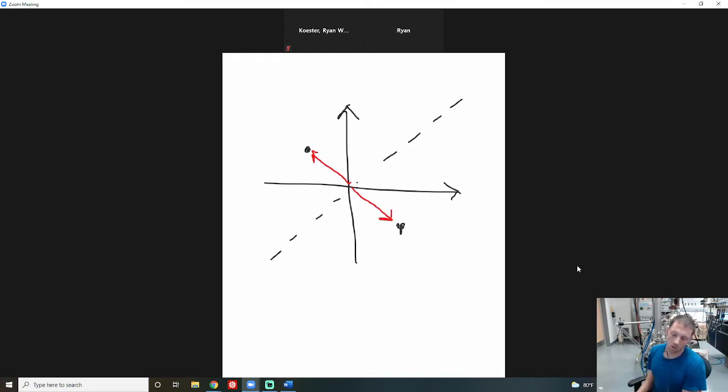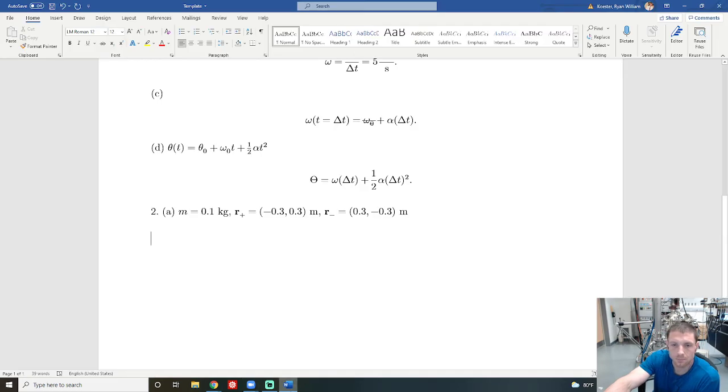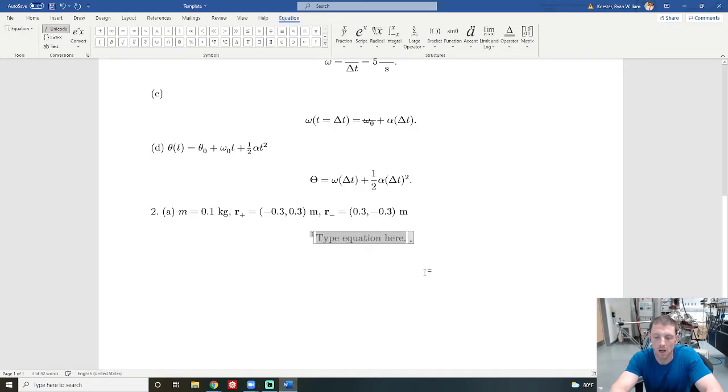So we see that the distances corresponding to these vectors are already perpendicular distances from our axis of rotation. And also by the symmetry, if we figure out what the moment of inertia is from one of these, we can just double it, because this is a perfectly symmetric setup.